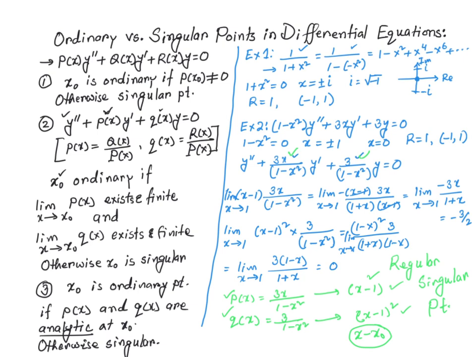If that limit exists, and then you multiply q of x by (x minus x naught) whole squared, and that limit also exists, then the point in consideration, x naught, is called a regular singular point. If one of them is not satisfied, that means between these two limits, if even one of them does not exist, then it is called an irregular singular point. So we have defined regular singular point and irregular singular point.